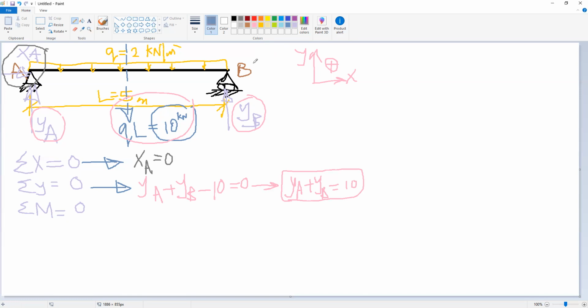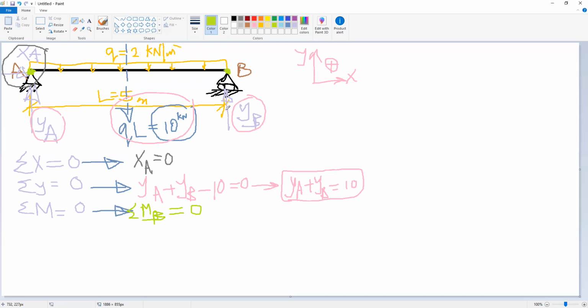So we will find YA and YB from summation of moment. How can we apply this equation? To apply this equation, we can apply it at point B or at point A. If we apply at point B, the summation of moment at B should be 0. Okay.